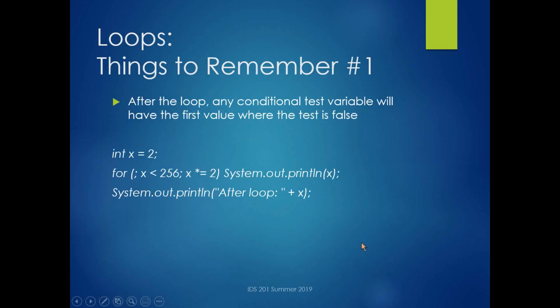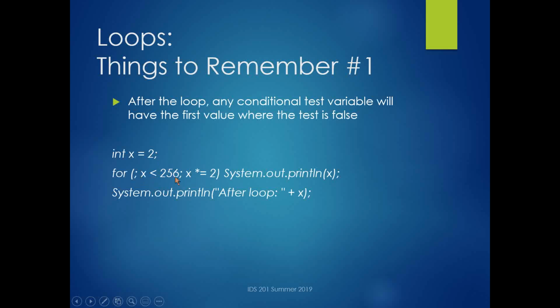All right. So key things to remember for loops. These are some warnings, not so much directly tested, but things to be aware of when you're coding. Number 1, after the loop, any conditional test variable will have the first value where the test is false. So in this loop, if we start off with x as 2, and each time through the loop we double it, we go 2, 4, 8, 16, 32, 64, 128.